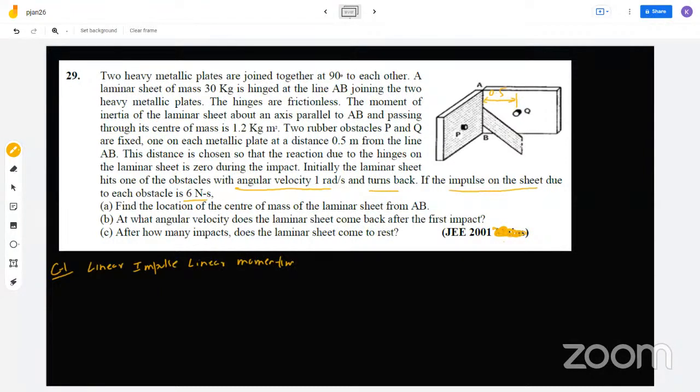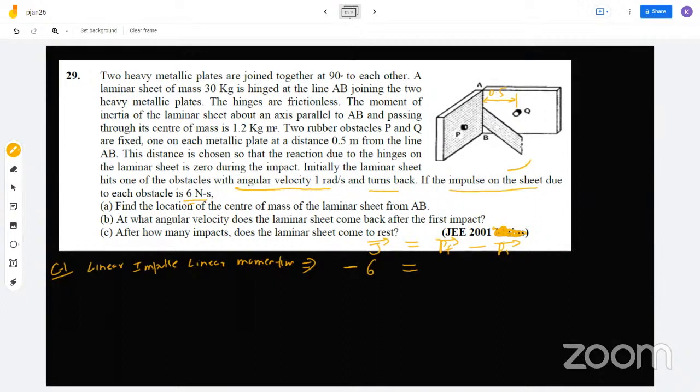It will be negative, opposing. So minus, and the impulse given is 6. Impulse is equal to final minus initial.